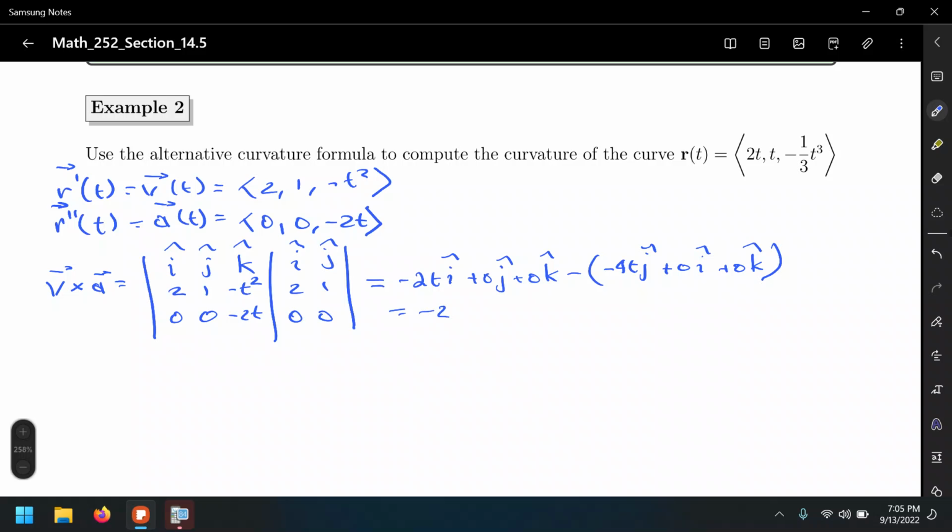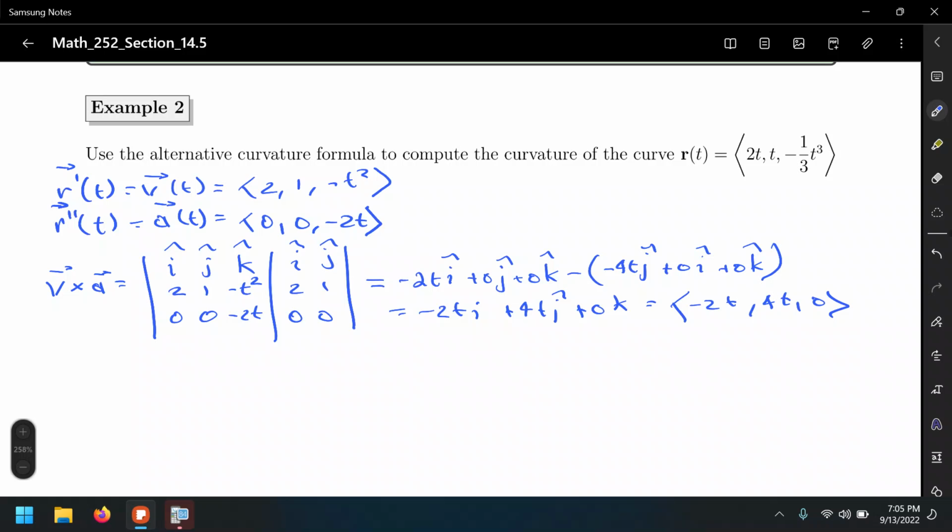Okay, that's fine, negative 2t in the direction of i, 4t in the direction of j, and 0 in the direction of k, which is negative 2t, 4t, and 0. So we got the cross product part.